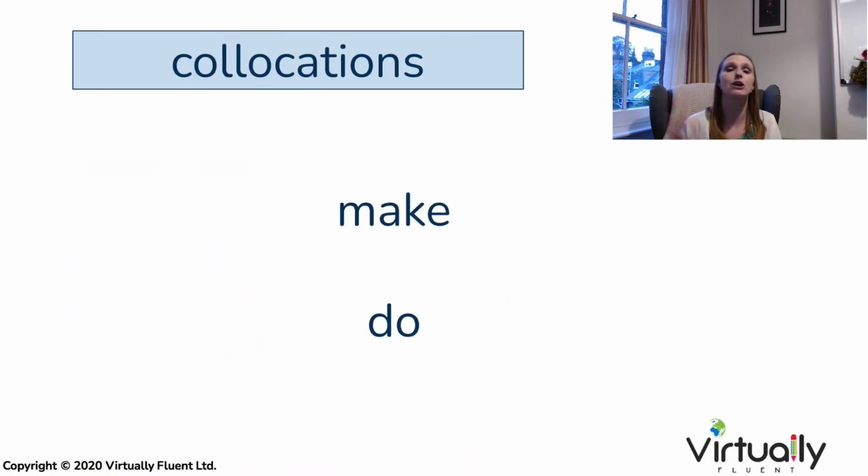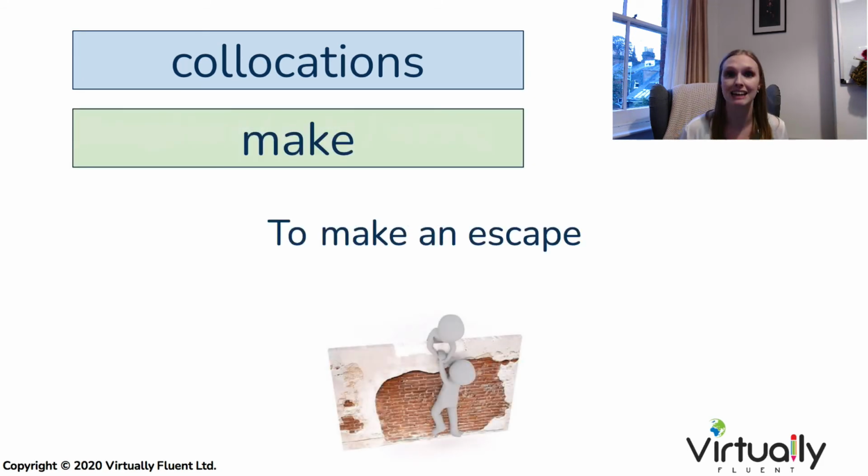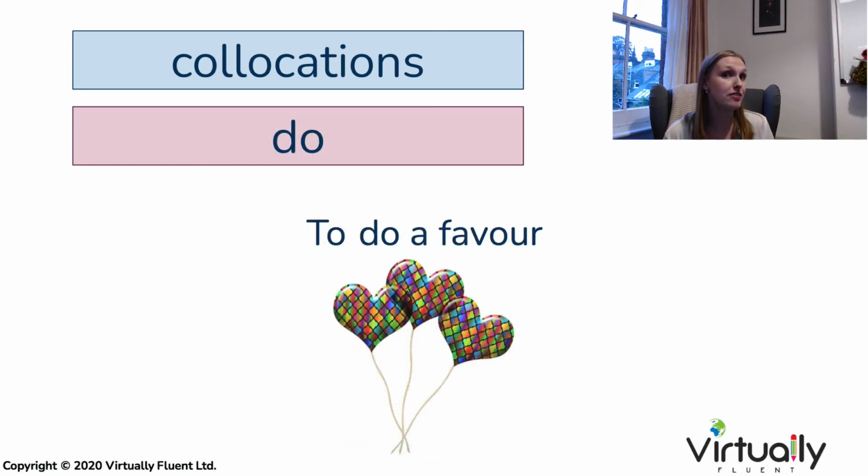So as you can see, loads of general situations we would use make or do, and sometimes we just have this list of typical collocations where we can't really explain why we're using make or do, you simply need to learn them. For example, we would say to make an escape. It doesn't really have to do with anything that we've talked about today, but we use make, not do. And again, to do a favor, it's something good for somebody. Again, not really connected to what we've said today, but we must simply learn them.